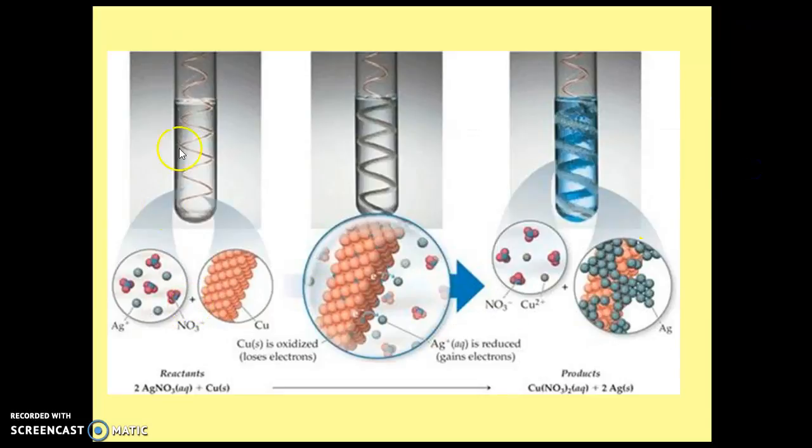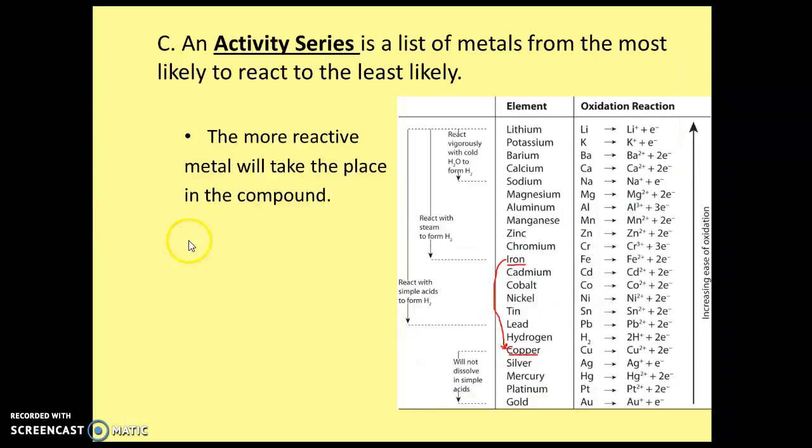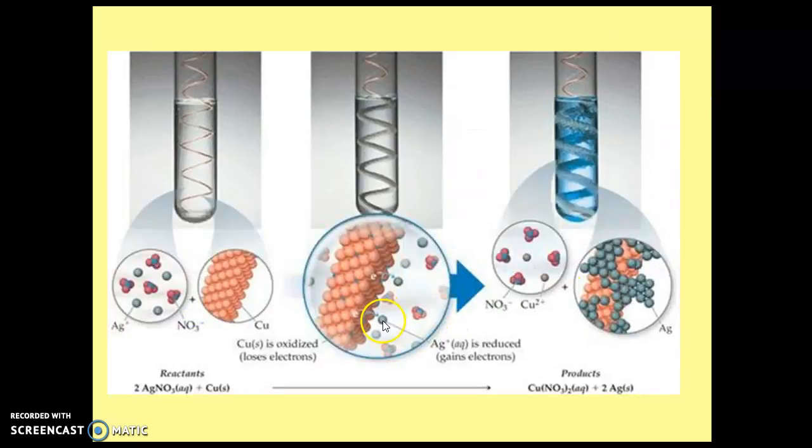Let's take a look. This is a silver solution. So we have silver and nitrates floating around in the solution, and then we have a piece of copper metal. Now copper metal is above silver on the reactivity series. If we go back one, here's copper, here's silver. Because copper is more reactive, it's going to take its place in the compound. So we see here silver exchanges electrons with copper.